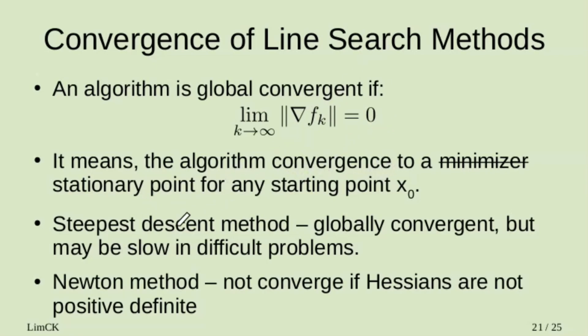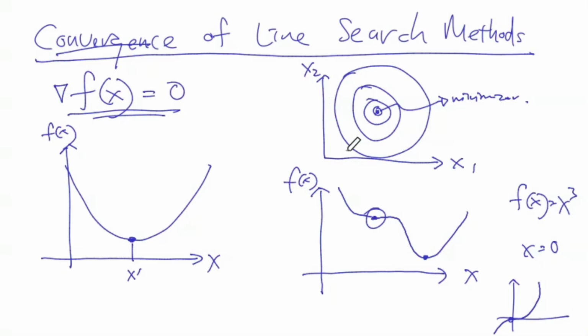For the algorithms we have learned, the steepest descent method is a globally convergent algorithm. What I mean here is no matter where we start our search using the steepest descent method, we will always converge to a saddle point or a minimizer.